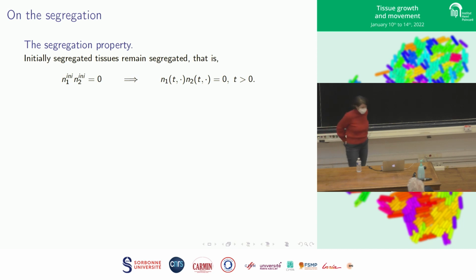So they are almost segregated, let's say. I mean, if you look closer, of course, everything is heterogeneous, but they appear as mainly segregated.